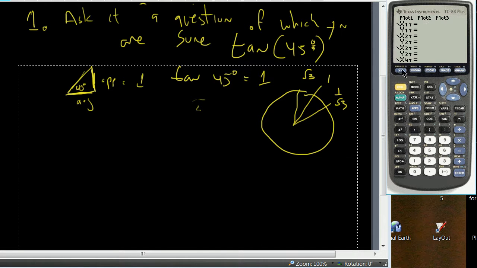Now if we go to y equals, x equals cosine of t, and y equals sine of t. I don't like the capital T, but it'll have to do. And we graph it. Once again, we show it a circle, something we know the answer to, and we can zoom in.